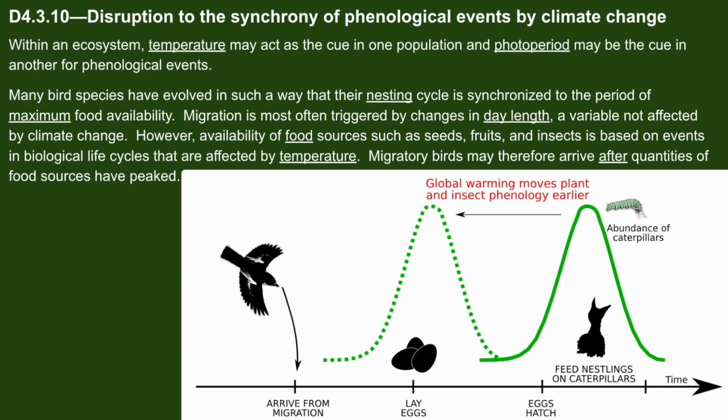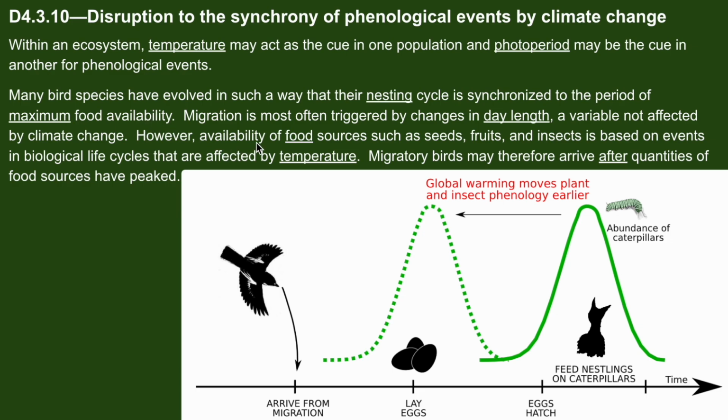So we're going to see here that disruption to the synchrony of phenological events can happen due to climate change. So temperature, if it acts as a cue in one population, like we saw earlier, photoperiod might be the cue in another, so those might misalign. Many bird species have evolved in such a way that their nesting cycle is synchronized to the period of maximum food availability.